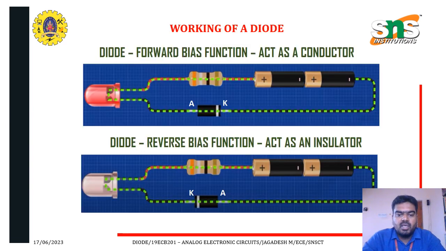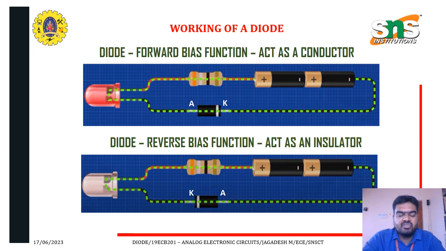You can see a real-time example shown in the slide. The first image is a diode in forward bias acting as a conductor. After reaching the threshold point, current conduction takes place in the diode, and the LED, connected as a load, will operate, that means it is glowing.